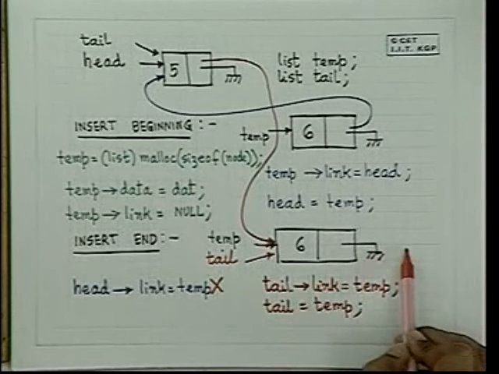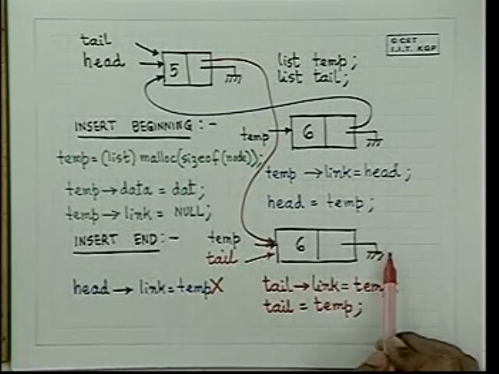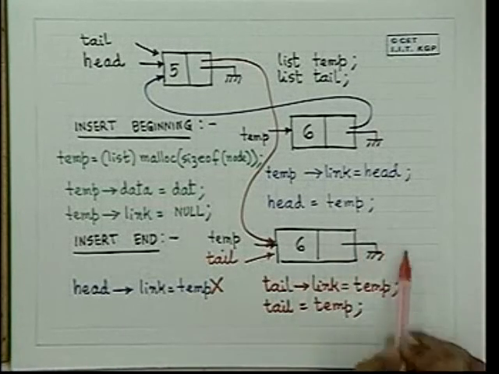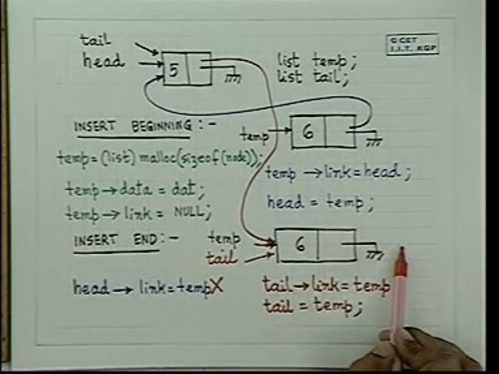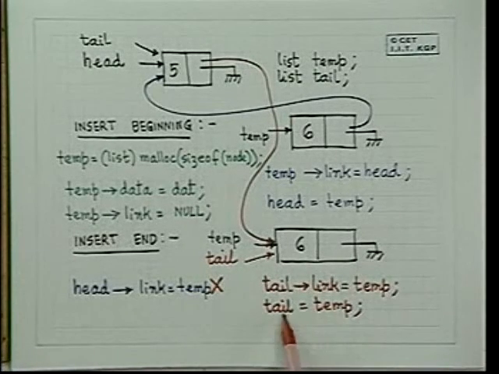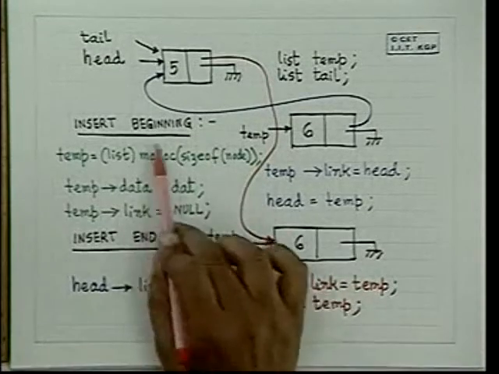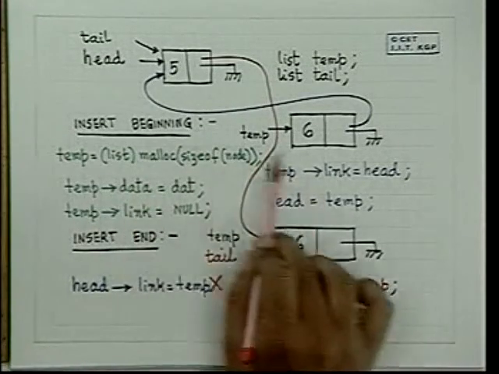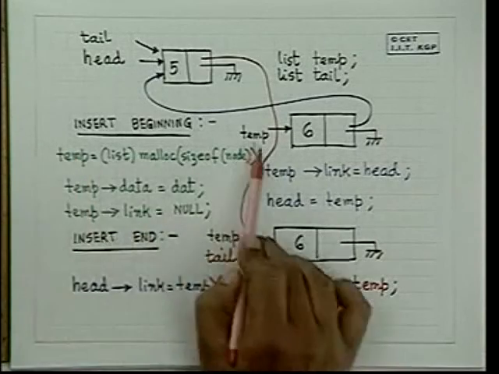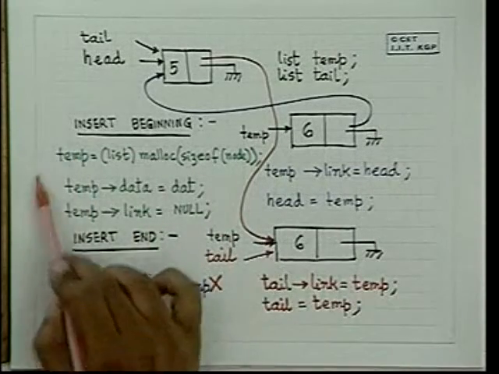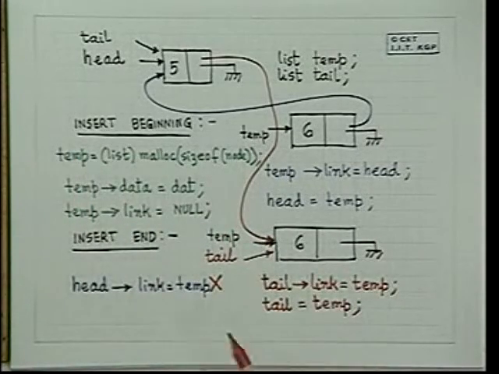So whenever the next element comes in, again tail dot next will become temp and tail will become temp. Here you could have also written tail is equal to tail dot link, which is the same as temp, because these are both identical. And this you can put into a loop, this part or this part, which will continue adding and inserting data.